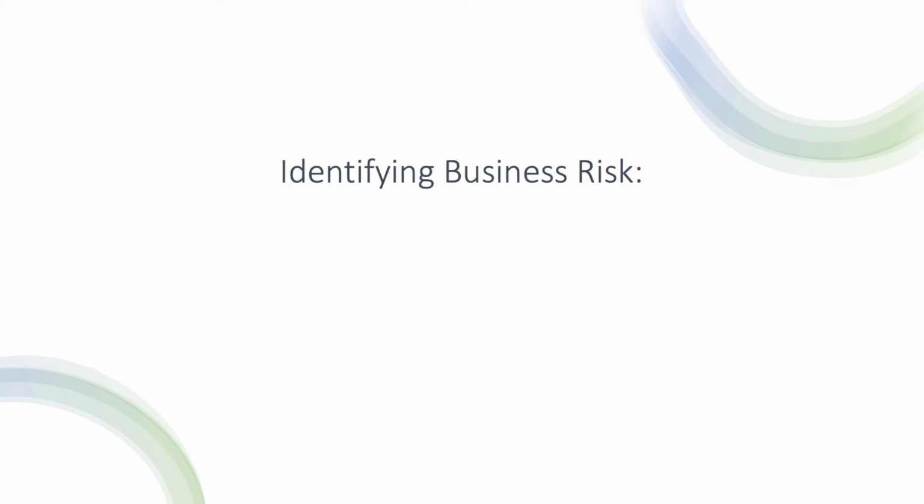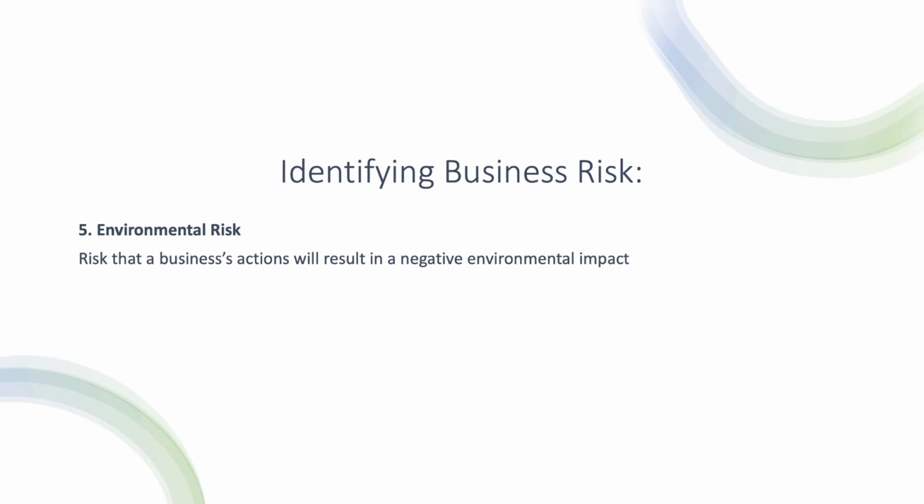Now we are moving on to the next one, that is environmental risk. From the name, you can say what it is. This is actually an external risk, not in the hand of the organization, but definitely it can also be internal. If an organization is a mining operation, then it will arise that way. It is the risk that a business's actions will result in a negative environmental impact.